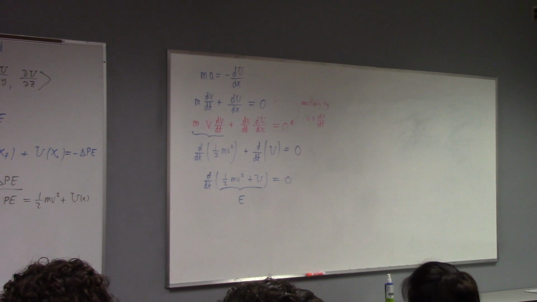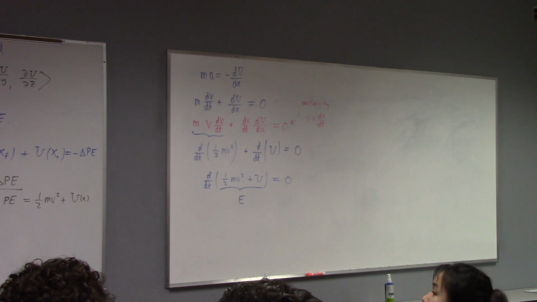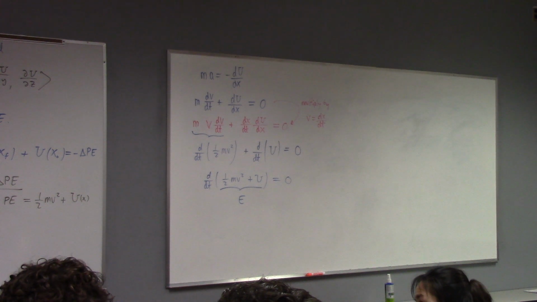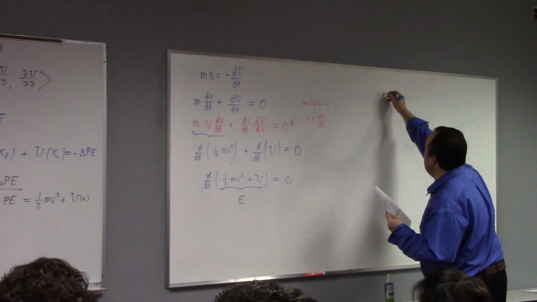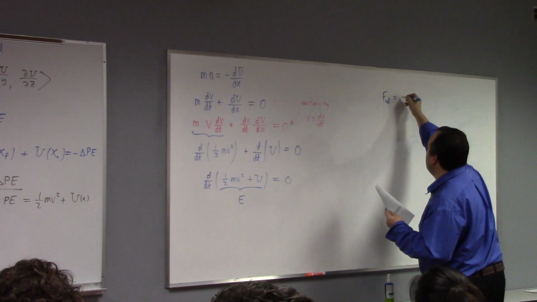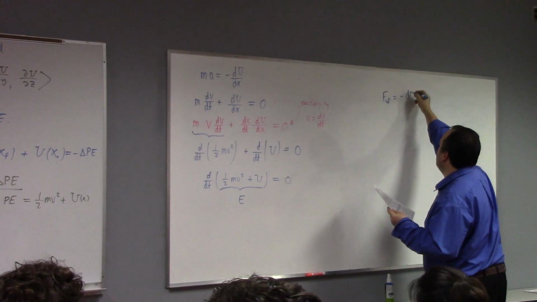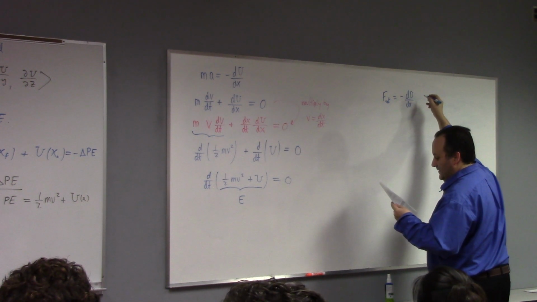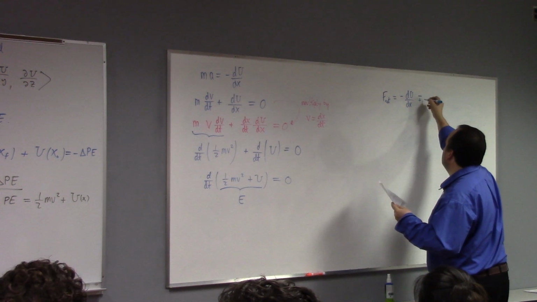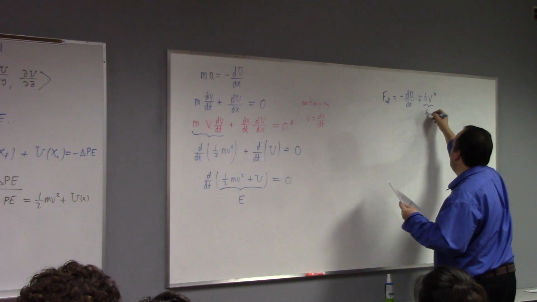But, question? No? If you have a friction force, if your net force is a conservative force, so minus du dx, that conservative piece, but then minus or plus b times v to the n, so this would be the friction force, all right?